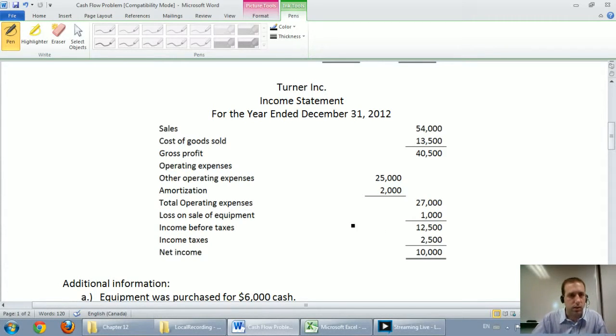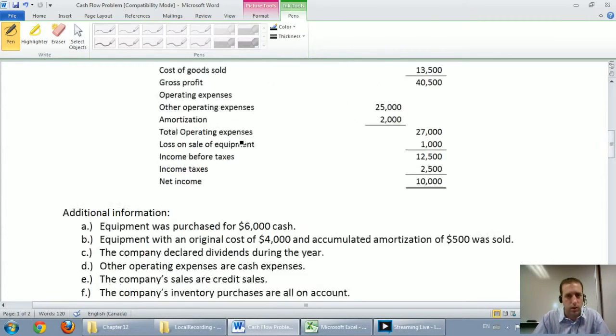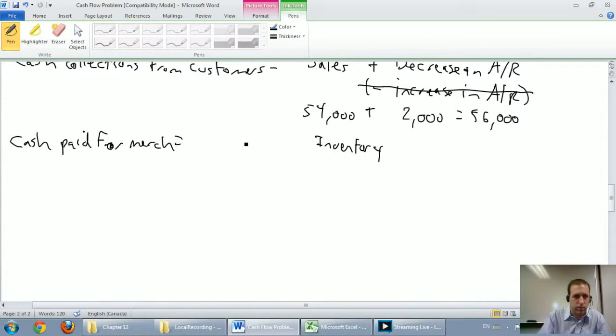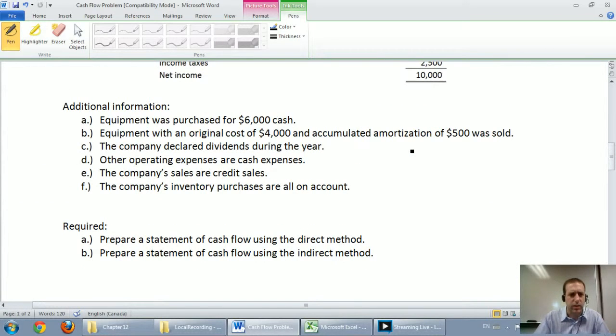And the answer here is cost of goods sold. Cost of goods sold tells us the cost of the merchandise we sold. So yes, cost of goods sold is absolutely a cost involved with the purchase of merchandise during the year. So it's cost of goods sold plus, I'm going to say, decrease or increase in inventory, plus one more. The hint here is point F in the additional information, which says the company's inventory purchases are all on account.